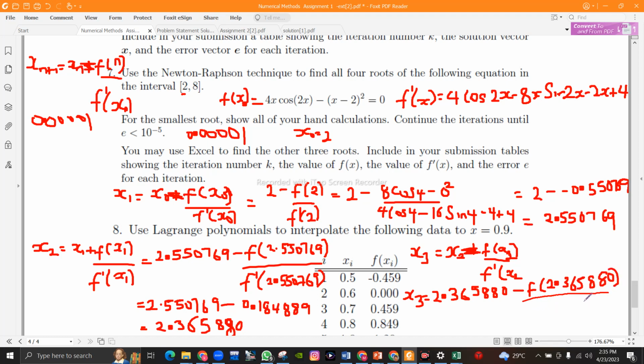divided by f prime of 2.365880. So I'm going to write everything once again in the calculator.